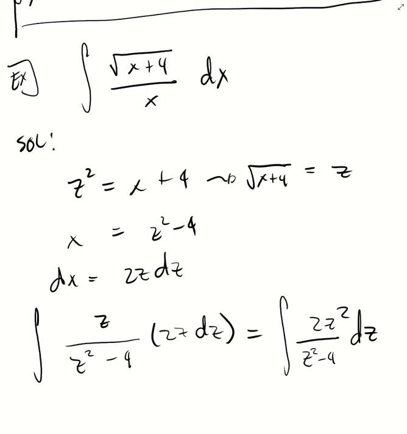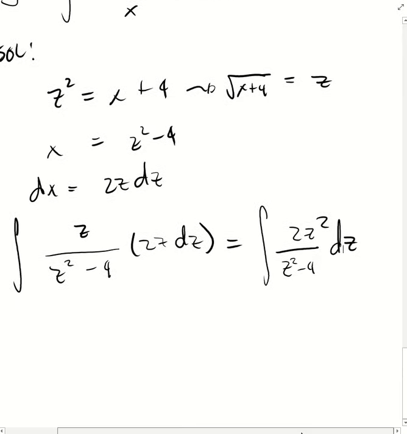And this is the same as the previous example. So if we integrate this one, we can divide first 2z squared over z squared minus 4. And that will be 1, 1, or 2 plus the remainder.